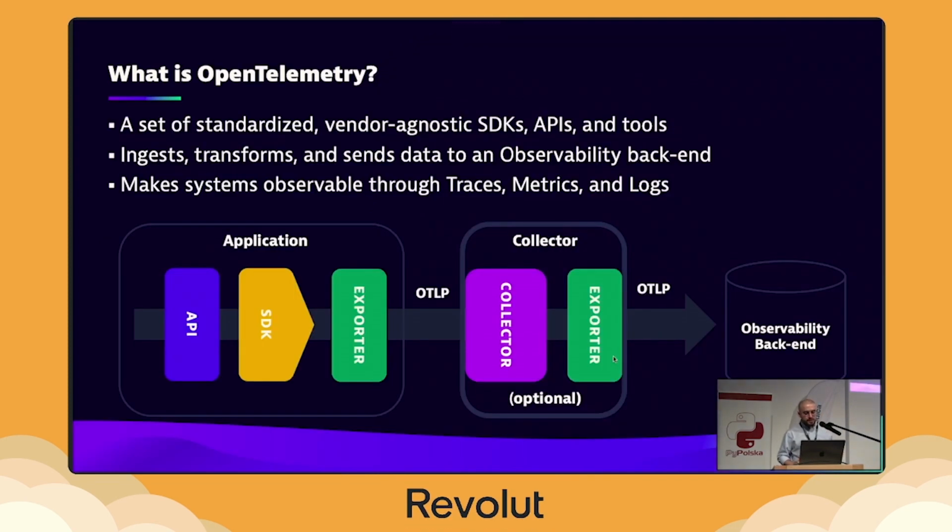OpenTelemetry works in a quite straightforward way, very familiar to those who worked with something like Prometheus. We have an application for which we install an SDK, like a library. It exports the data. Not necessarily, you can pull data from the application just like you do with Prometheus, but usually it's an exporter. You can have a collector in the middle, not necessarily, but it's an option.